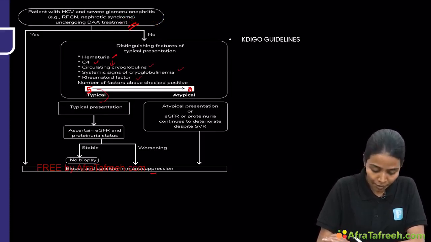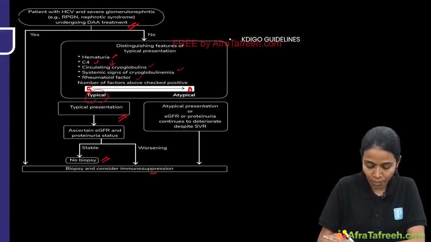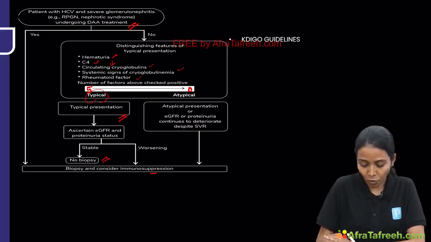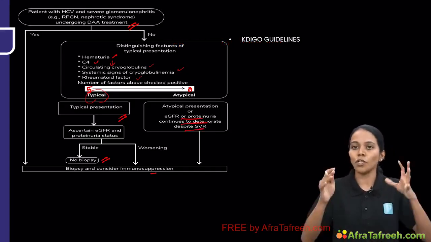So if there are typical features, then you call it as typical presentation. If eGFR is stable and proteinuria status is stable, then you don't consider biopsy. But if it is atypical features or eGFR or proteinuria continues to deteriorate despite SVR, then you consider biopsy and immunosuppression.